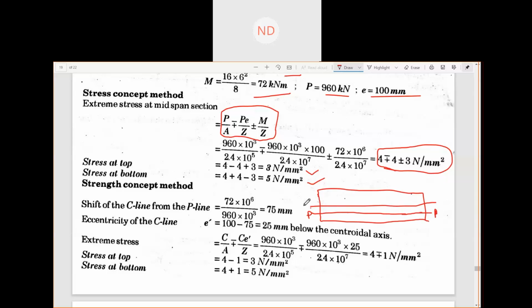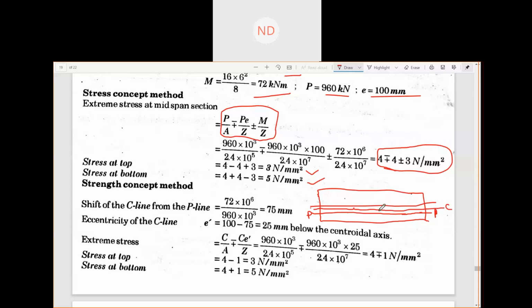This is the CG. Now what is the shift of the C line from the P line? M by P, and that comes out to be 75 mm. So from the P line your C line has moved 75 mm. Somewhere here is your C line.